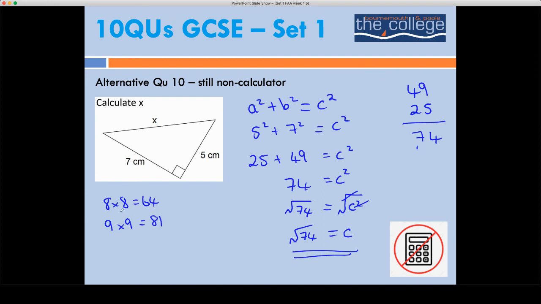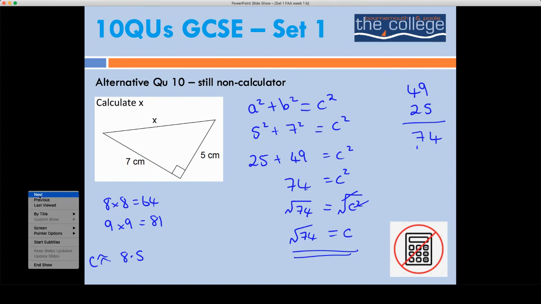So it's going to be between these two numbers. So an approximation would be c is approximately, let's say 8.5, somewhere in between those two, but this is much better. This is just a rough approximation. So you can leave it as this root sign answer. Okay, so that's an alternative question 10, but still without a calculator.